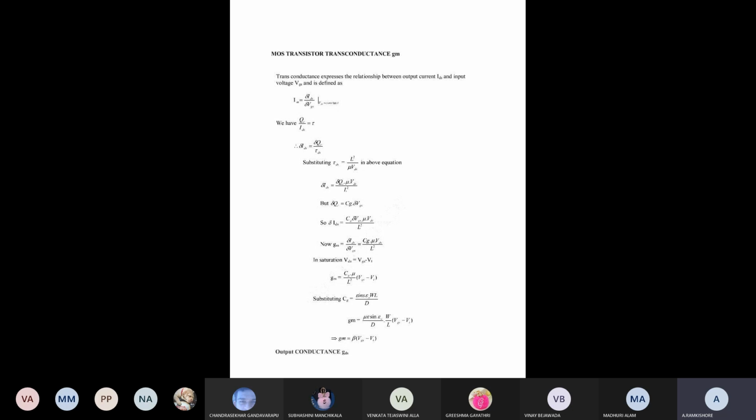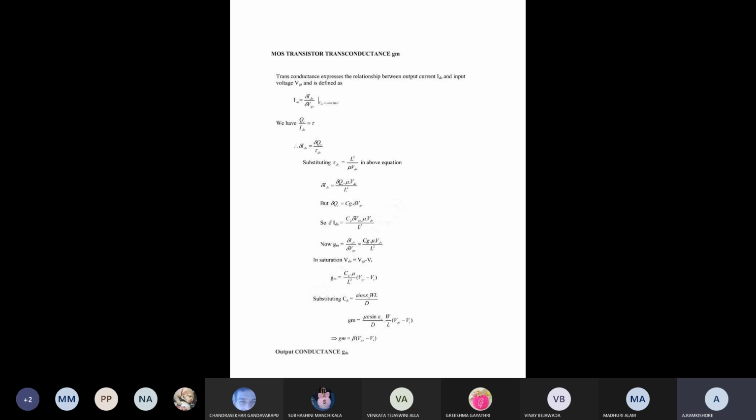It will be given in equation form, and denoted in the simple format as a small gm. So this gm is equal to the variation of IDS divided by the variation of VGS.